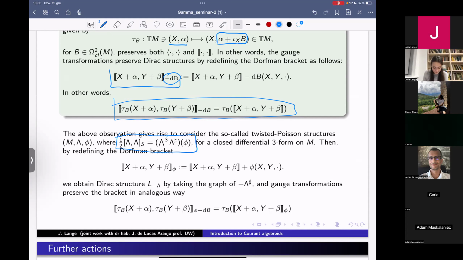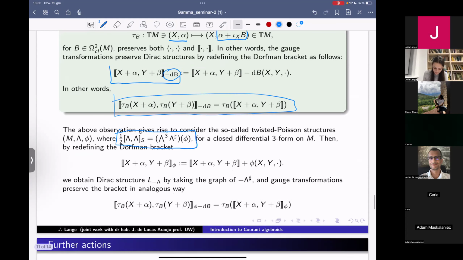So now we could redefine the Dorfman bracket by adding the term related to this phi in the following way.